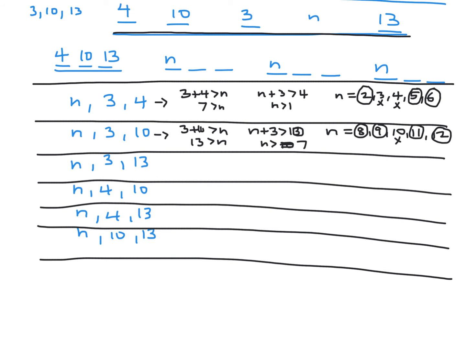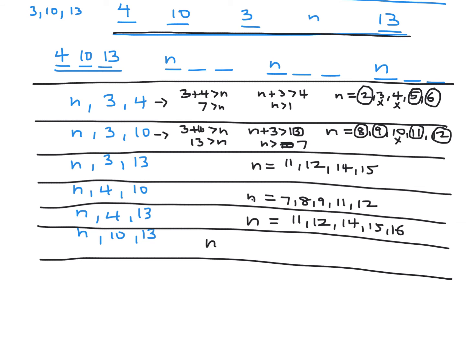So I'm not going to manually walk you through the last 4. I'm just going to list the n's. So doing the same process for the next one, you're going to get n for the next one as either 11, 12, 14, 15. And for this one is 7, 8, 9, 11, 12. And for this guy is 11, 12, 14, 15, 16.